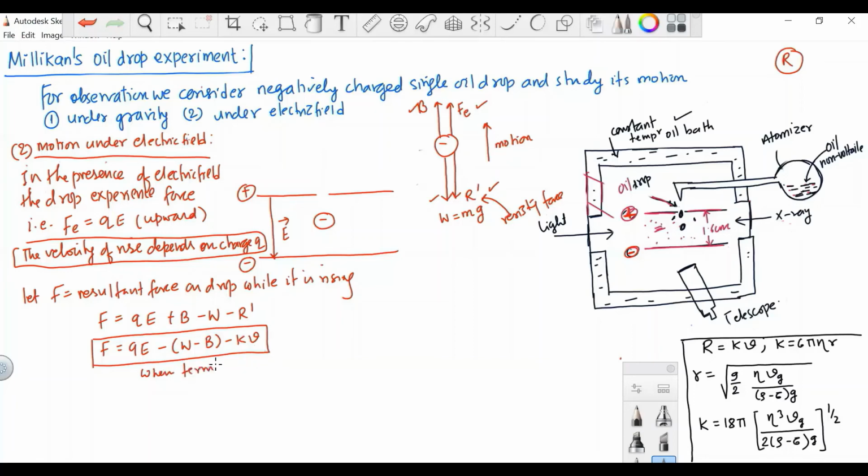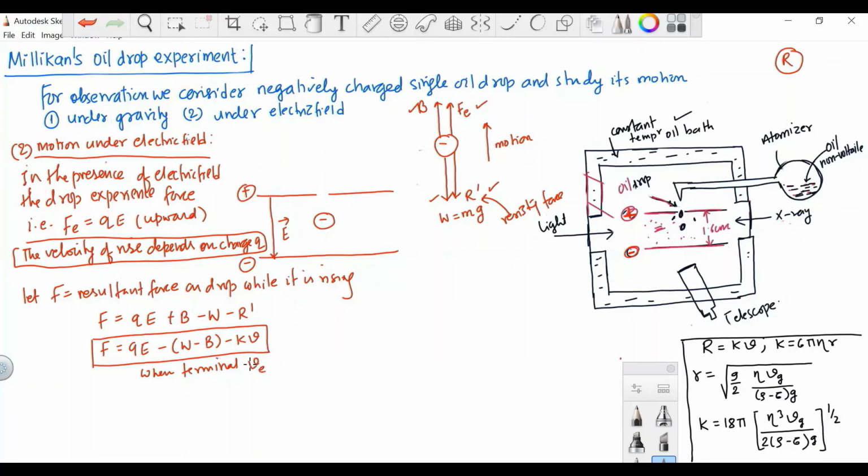Let's say the terminal velocity in the presence of the electric field is VE.